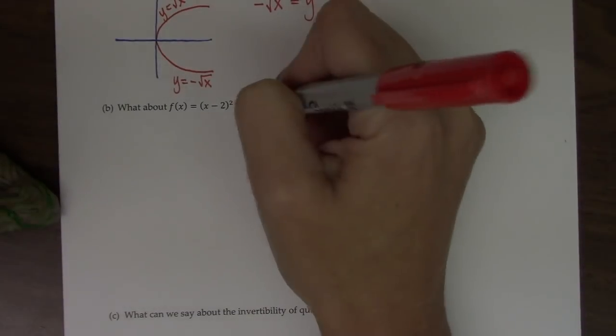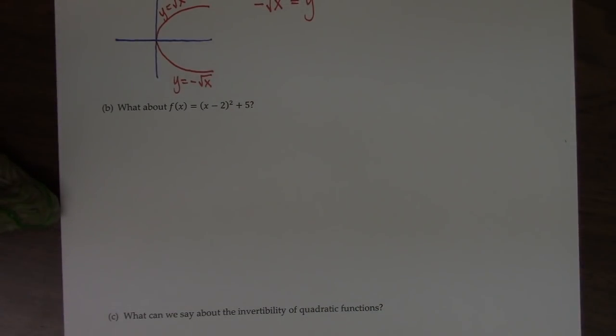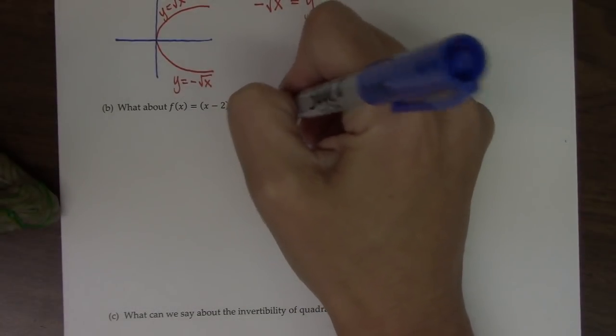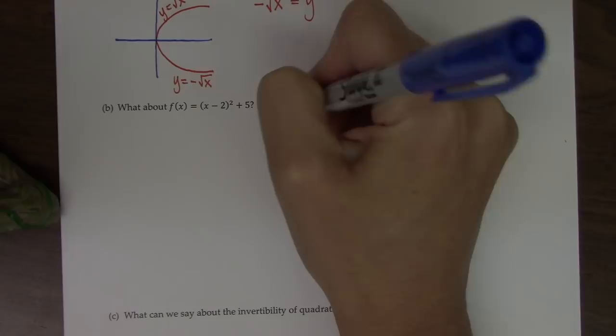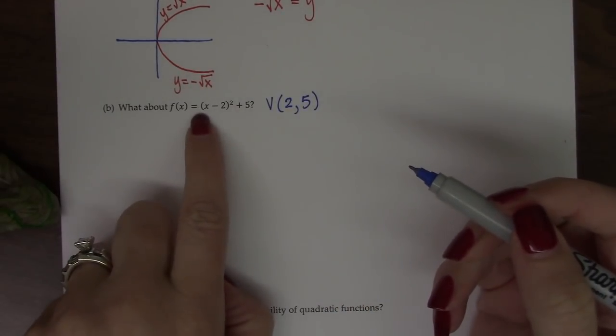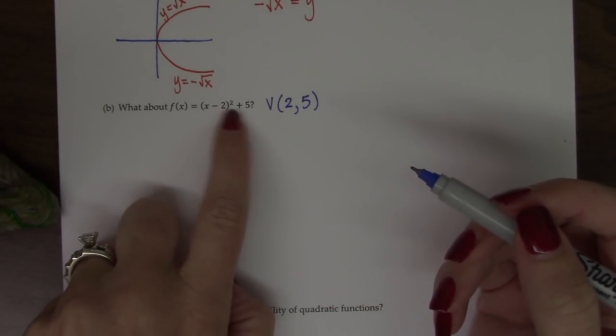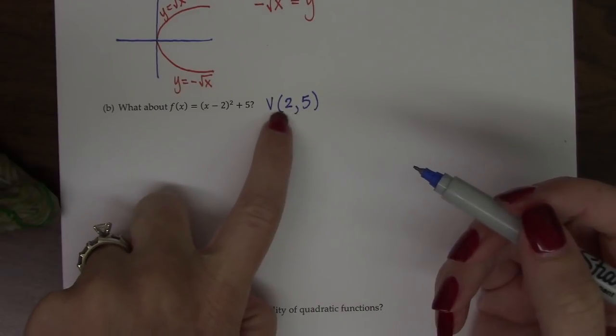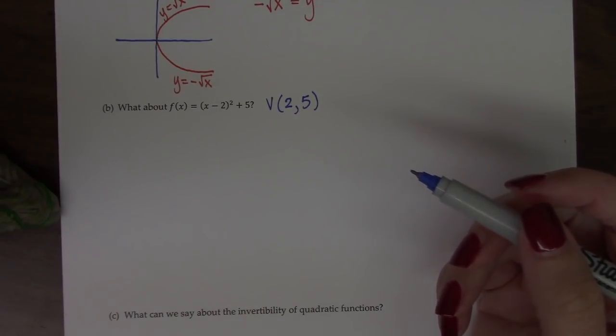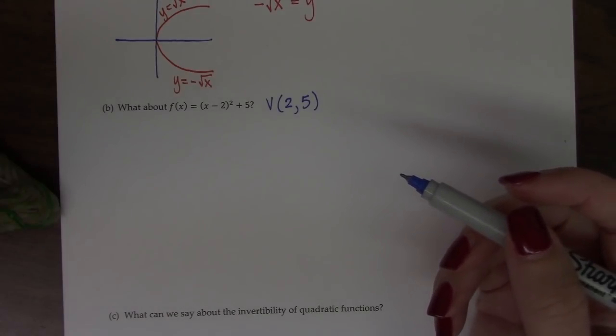The vertex of this parabola is at (2, 5), because this is (x minus h) squared plus k. So x equals 2 is where the turning point is located. If I take the left or the right side, then I can make it 1-to-1 and invertible.